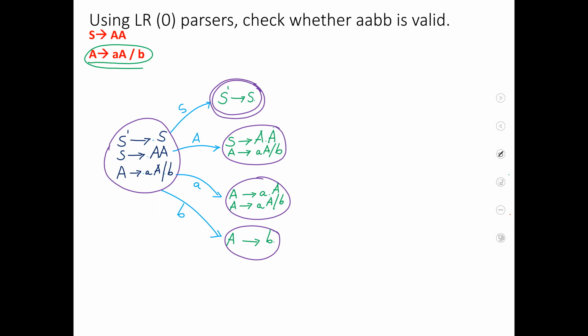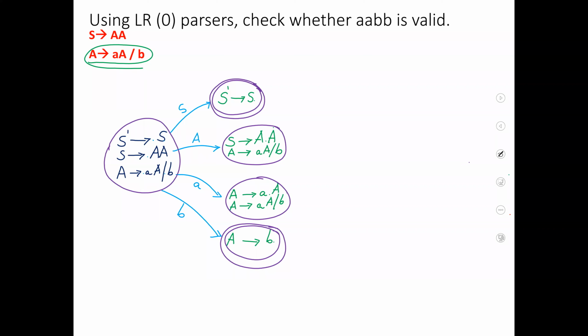This is not a final state because you have an A more to encounter. This is also not a final state because you have an A more to encounter. Look at the last one, B dot, which means you have encountered everything. You don't have anything more to encounter, which means this is also a final state. So in the first transition, you have got two final states. Now you can leave off the final states. You're done with that. You have to now see what can be done with the other states. Anyway, each and everything will have to reach the final state.